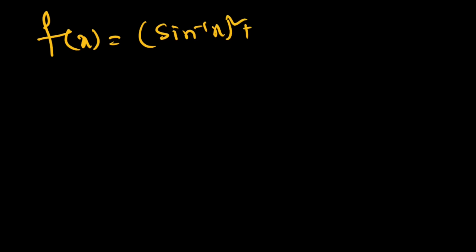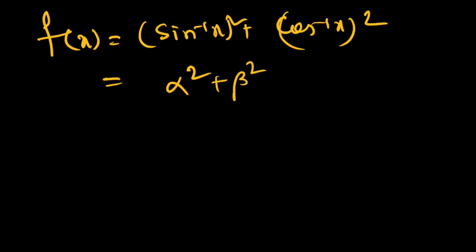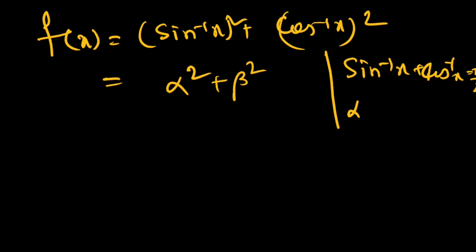Therefore, overall in this question, we take our function f of x, that is (sin inverse x) whole square plus (cos inverse x) whole square. We choose sin inverse x as alpha, so that is alpha square, and cos inverse x as beta, that is beta square. We use our identity sin inverse x plus cos inverse x is equal to pi by 2. Here we write alpha plus beta is equal to pi by 2, and we take beta as pi by 2 minus alpha.